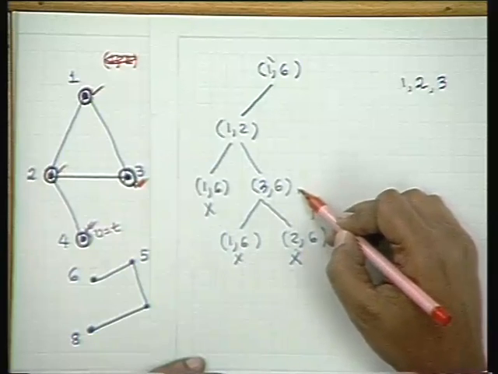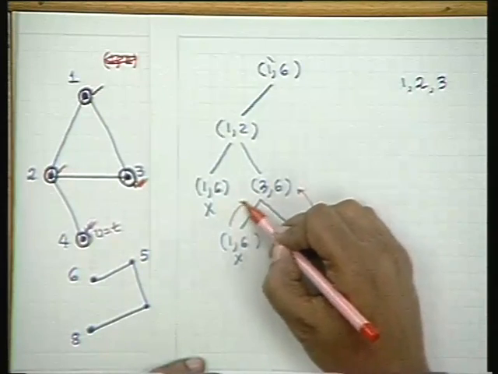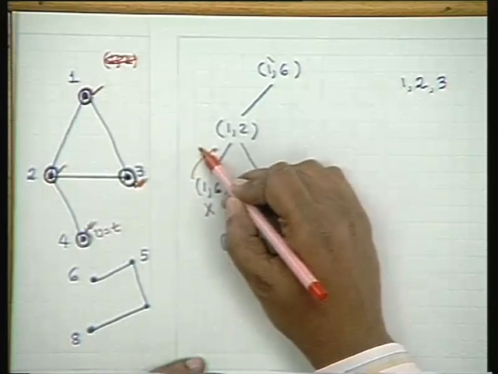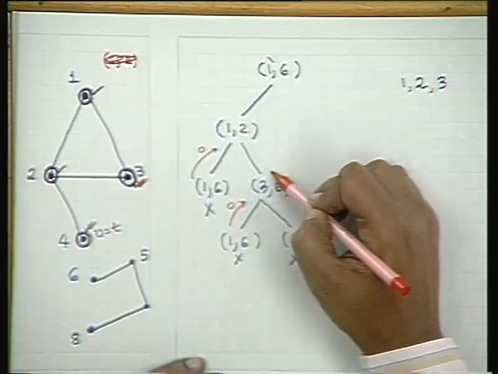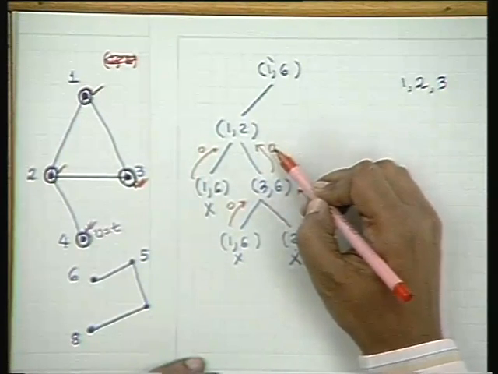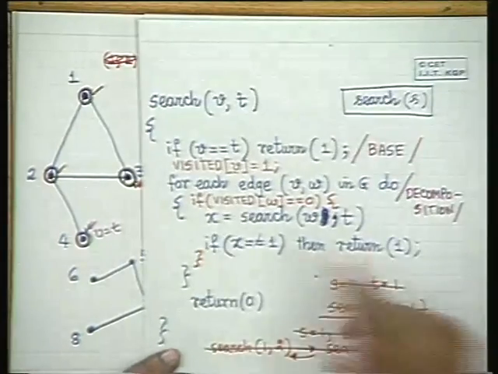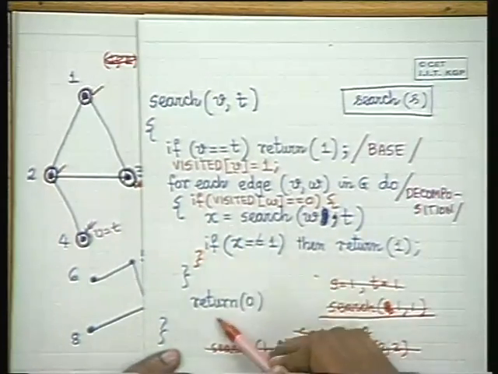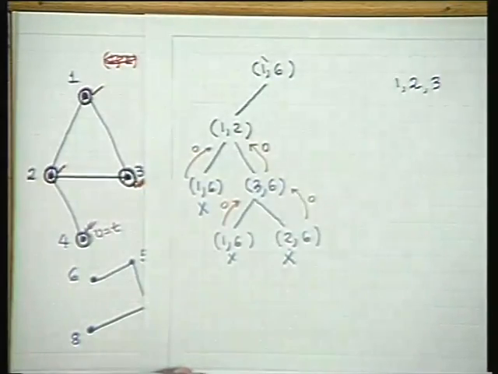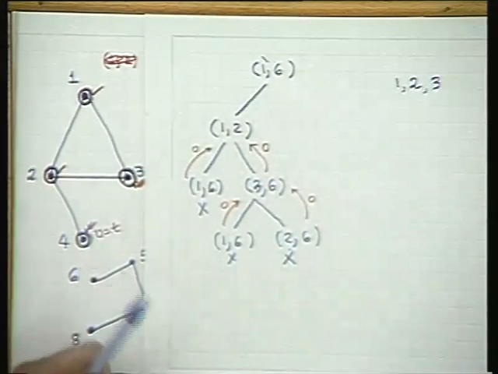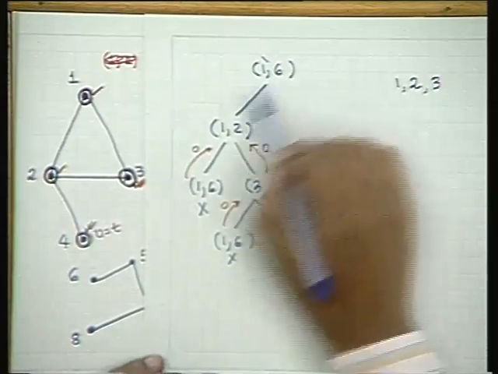So this one will return 0. So here 0, x is still 0, nothing happens to x. This will return 0, because if you notice that if no edge it becomes 1, it returns 0. So this will come to here, 1 will come back and try 1, 3.